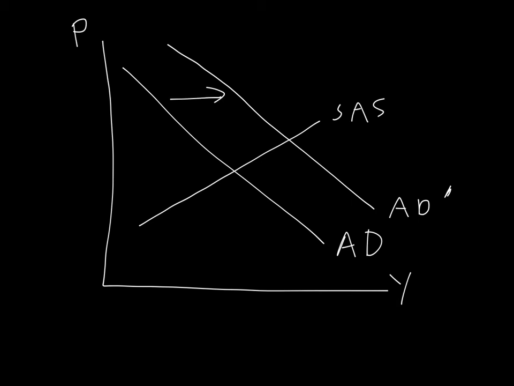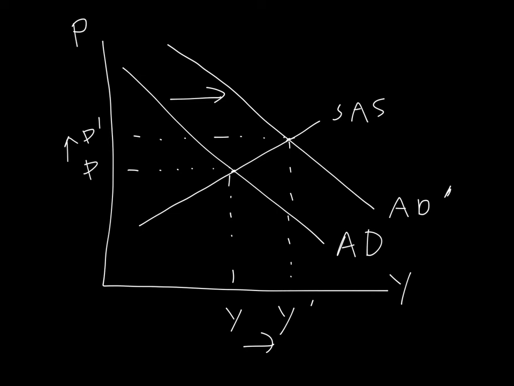We're going this way. And we would expect the equilibrium points of the economy to result in an increased income level and also a higher price level, P to P prime, okay? So this is basically the model of expansionary monetary policy, and you might note that it looks exactly the same as when we looked at expansionary fiscal policy earlier.